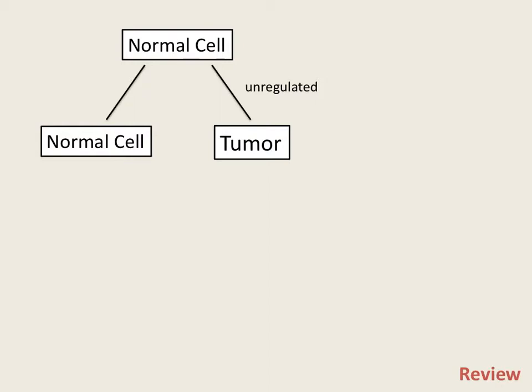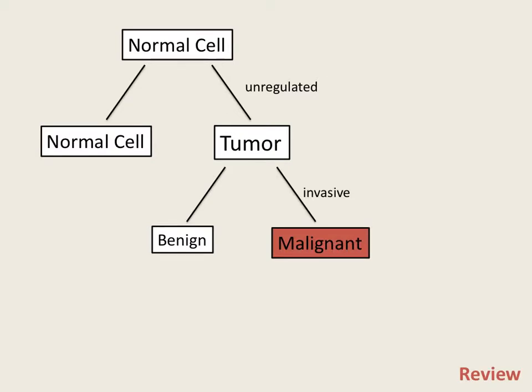And then what's that called? Contact inhibition. Okay, so it loses contact inhibition, exactly, and you end up with a malignant cell. So that's the difference. So there's benign, and malignant, invasive, which loses contact inhibition.